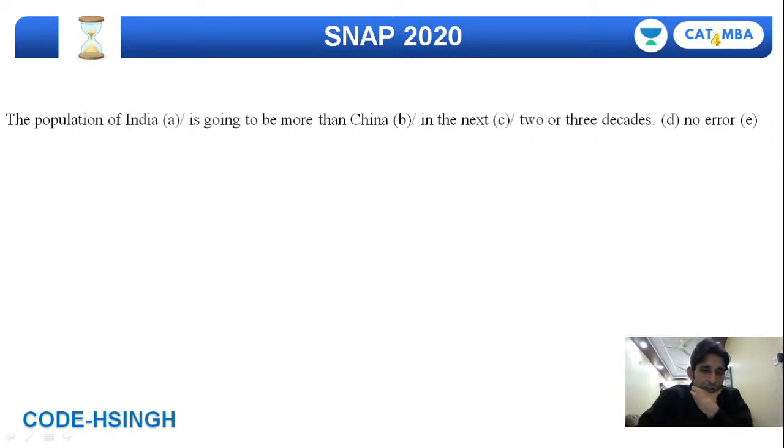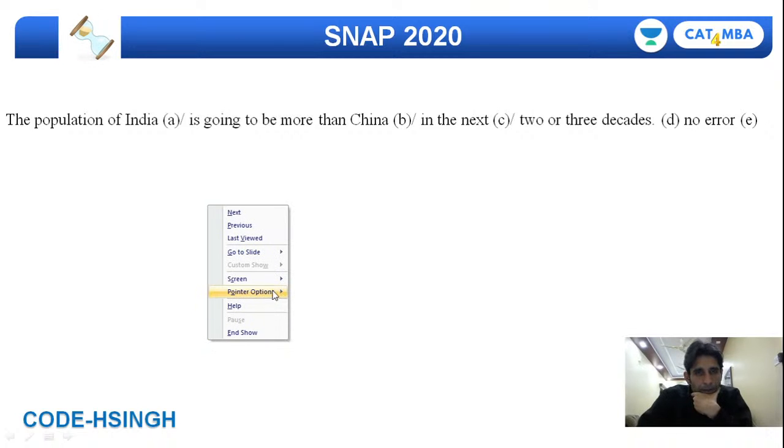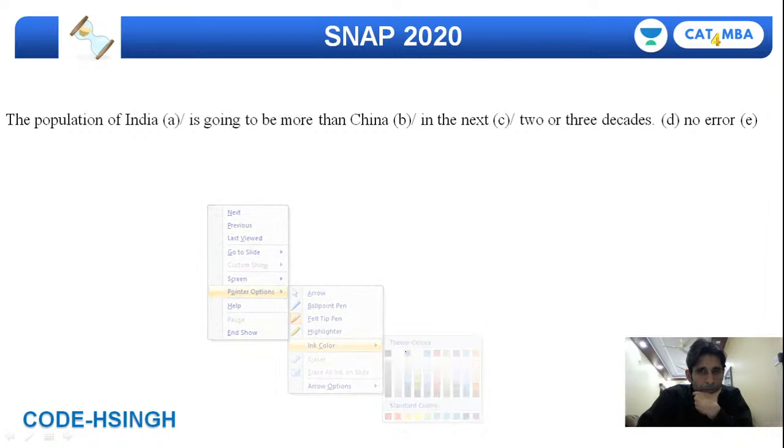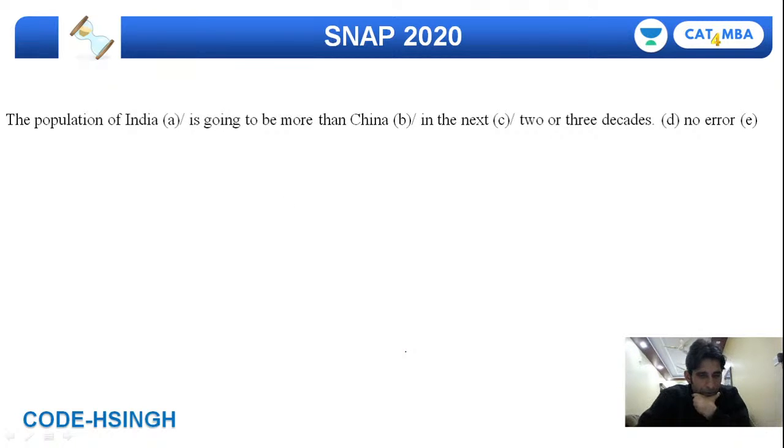हाँ जी, क्या आंसर होना चाहिए? What do you think? Okay, Lokendra says A option. Guys, what should be the answer?